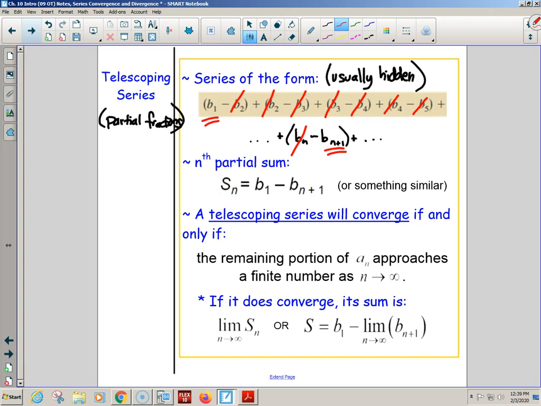Which is why, okay, this is good as a forever card, but this guy, to be honest, is not super helpful beyond you realizing, okay, you're left with something. You're left with something finite, or something similar. I had to add that in because it's not always exactly the first and the last.